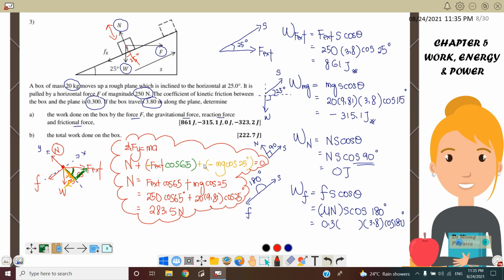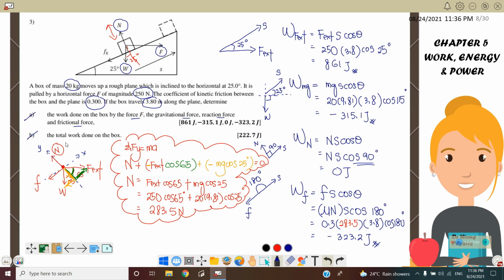Therefore the normal force is 283.5, and finally the work done by the frictional force is negative 323.2 joule.